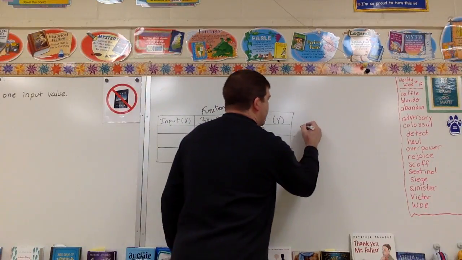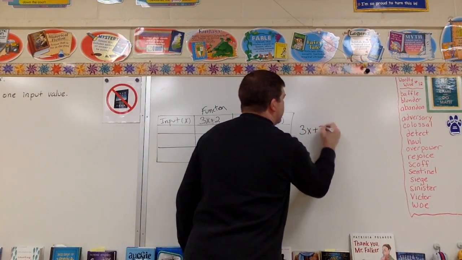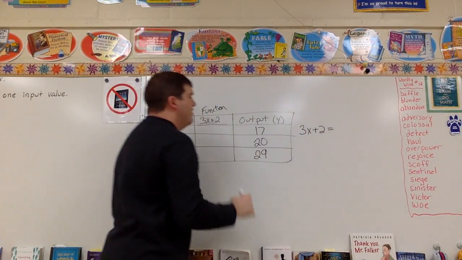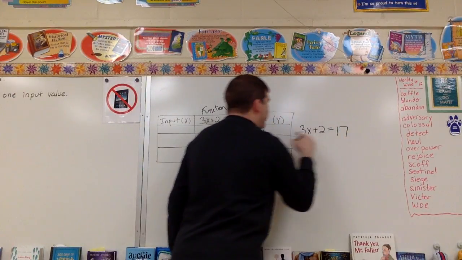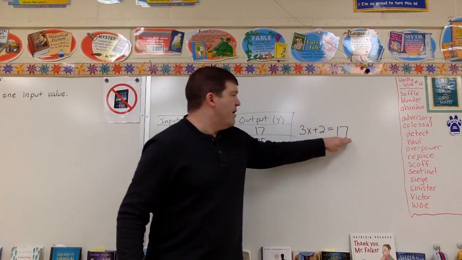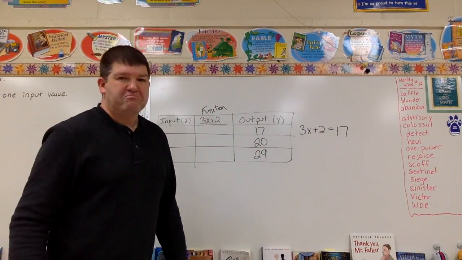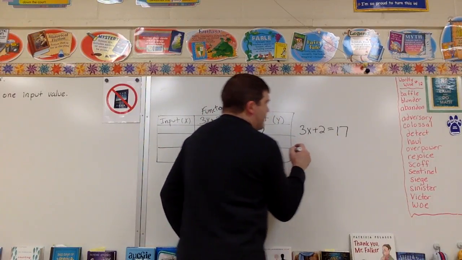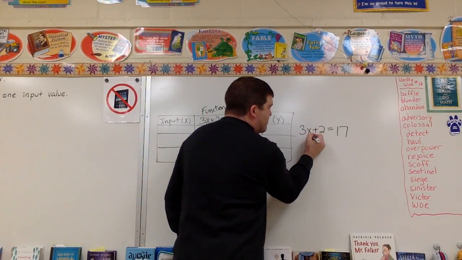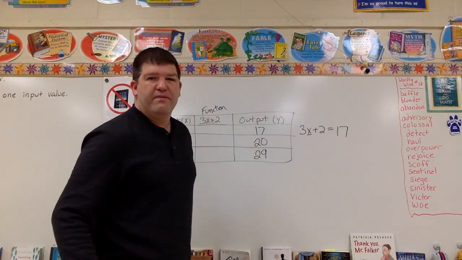I'm going to come over here. 3x plus 2 equals, I'm going to say this for my output, I want my output to be 17. So let's see what it gets. Now I'm eventually trying to get this x all by itself.